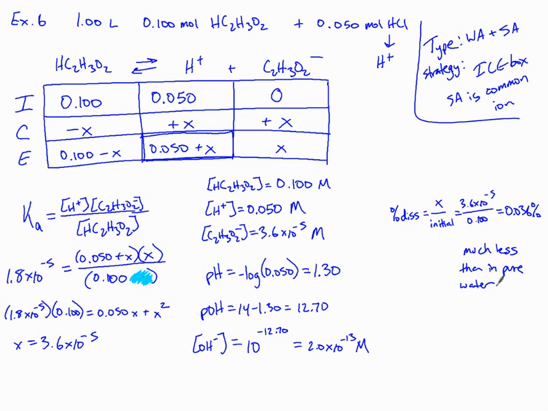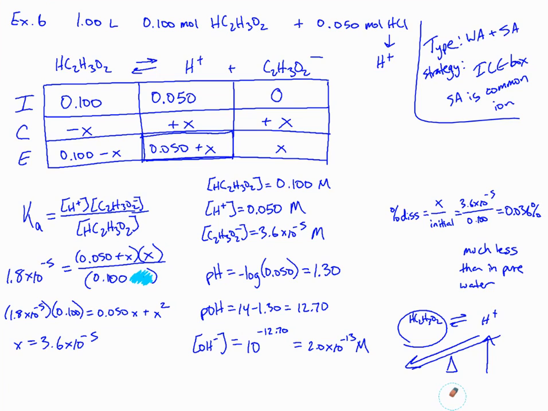And really, if you think about this reaction, you've got the acetic acid, and you've got this hydrogen ion, and of course the acetate. And as you increase the hydrogen, if you think about this like a seesaw or a teeter-totter, whatever you want to call it, if you lift this end, it's going to tip this end up and this end down, and things are going to roll this way, and that is favoring the reactants.